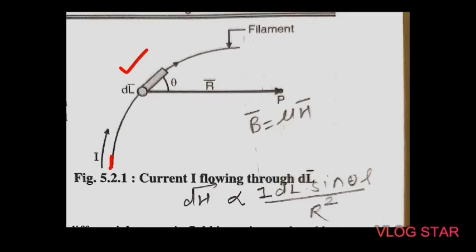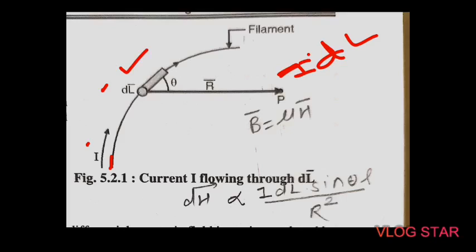The differential current element is nothing but I into dl. Why? Because this I is flowing through this filament that has length dl, so it is considered as I dl.